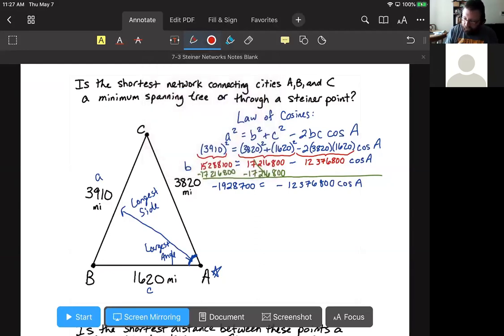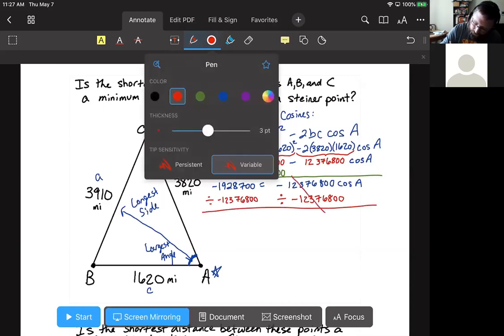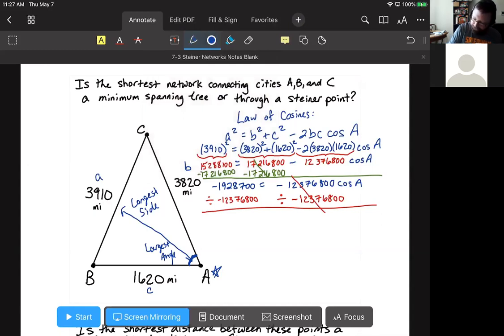Now, to get cosine of angle A by itself, we then need to divide each side by negative 12,376,800. Which is going to give us a decimal.